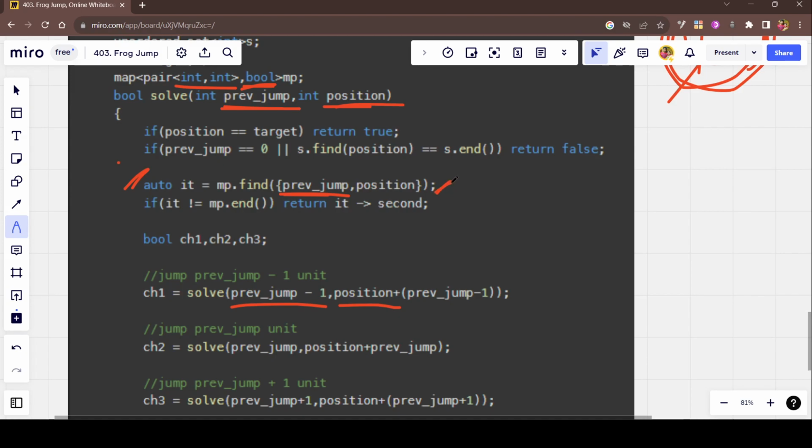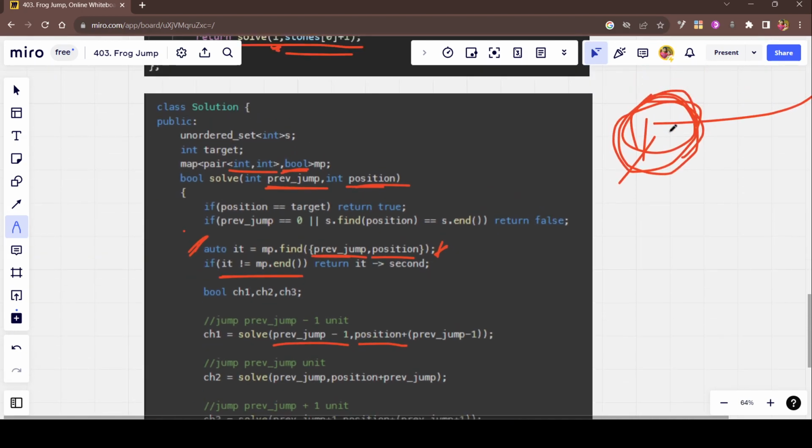If the iterator is not equal to mp.end, you have that entry inside your map.